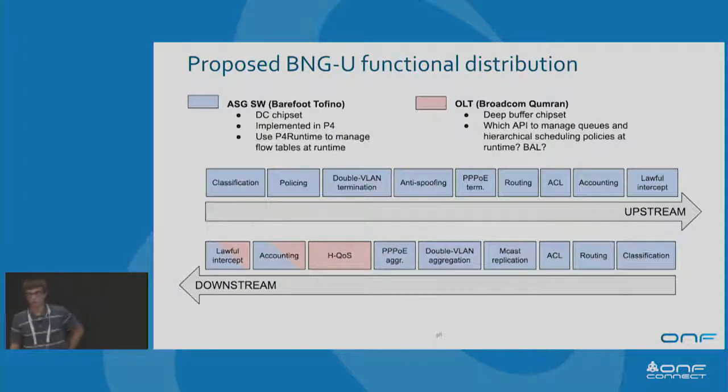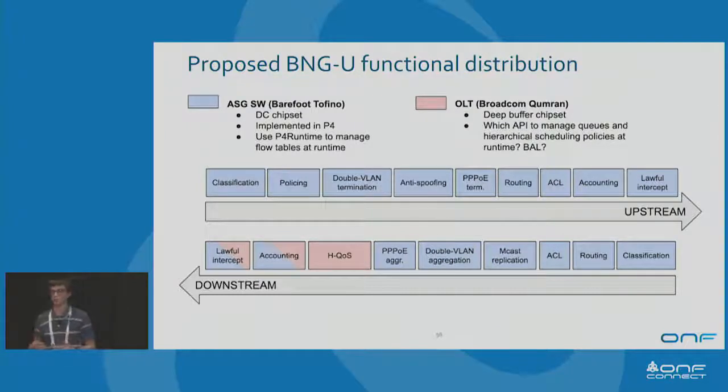So the proposal for the BNG-U is to use an approach of functional distribution, because it's very difficult to find a single device that can implement all the functionality of a user plane BNG, especially with open interfaces. So our idea is to exploit both the Barefoot Tofino chips in the aggregation and service switch inside the Trellis Fabric, and the Broadcom Qumran chipset inside the OLT.